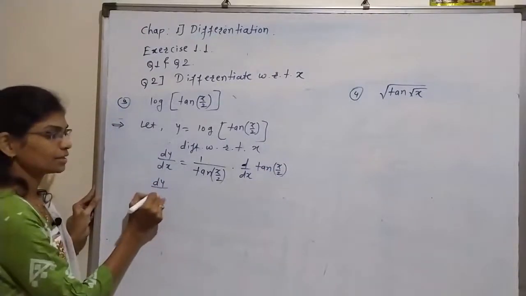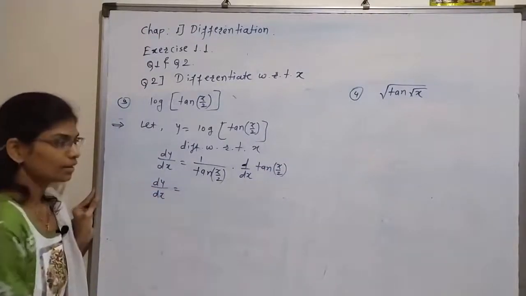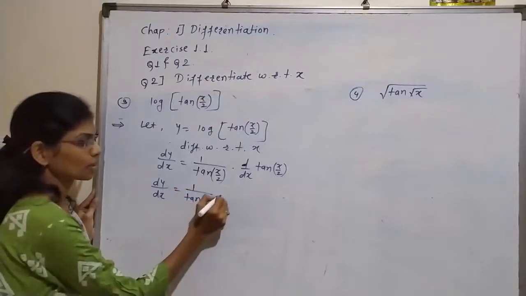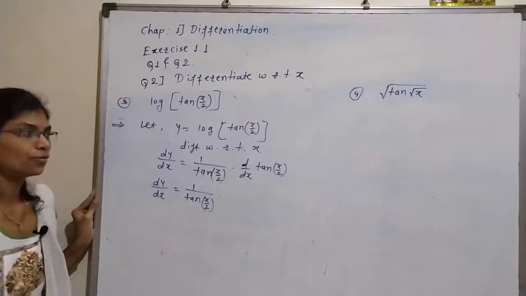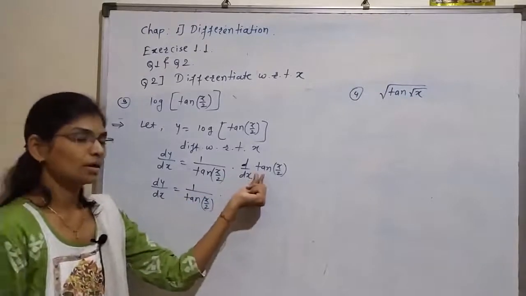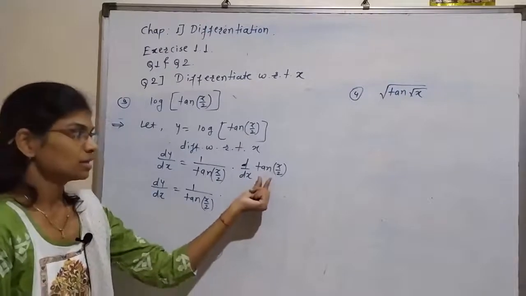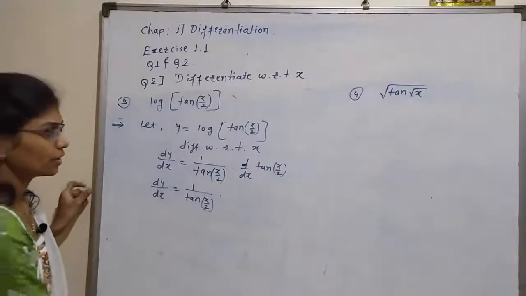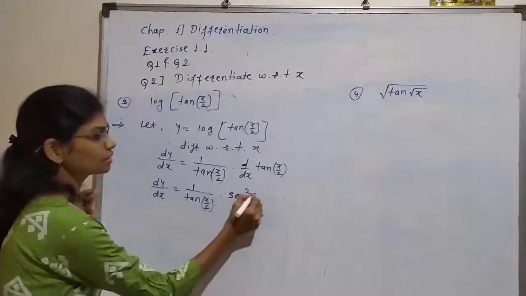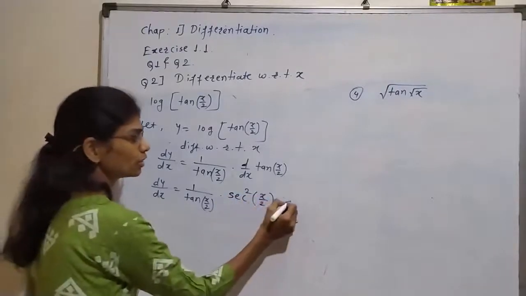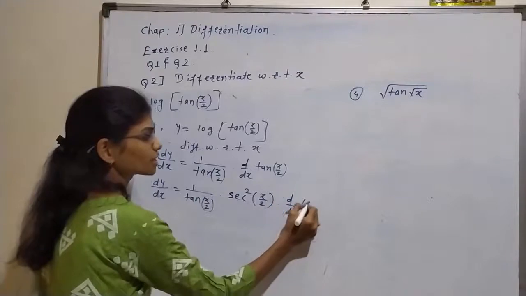Therefore dy by dx is equal to 1 by tan x by 2 as it is, multiplied by the derivative of tan, which is sec square of the value, x by 2, into the derivative of x by 2.